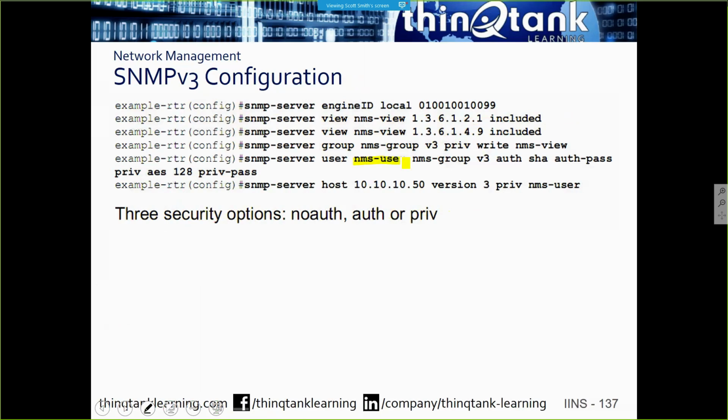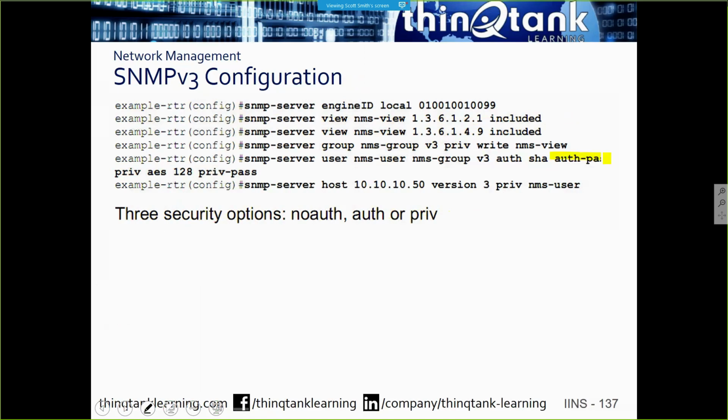We're doing SHA, message integrity and authentication. For a privacy component, we're using AES 128. All right. Now, this is why it's a little confusing, because the way this syntax is written here, you can't tell the difference between what's a command and what's a variable that you're putting into the command. This is the authentication password that you're using.